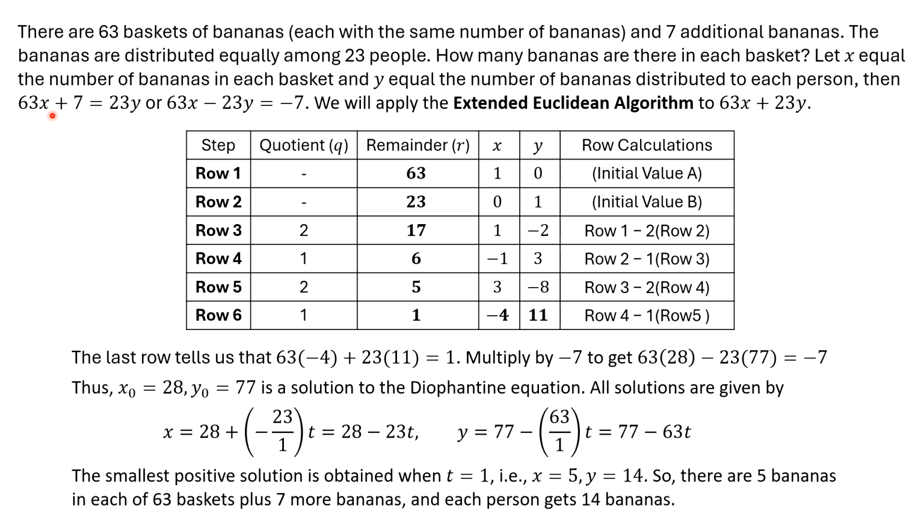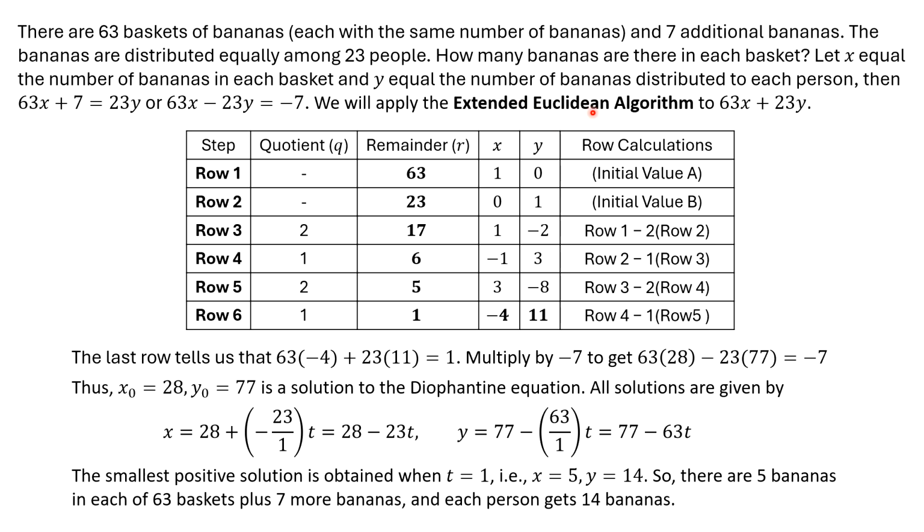Let x equal the number of bananas in each basket and y equal the number of bananas distributed to each person. So we have 63 baskets, each with x bananas and 7 left over. And then that needs to equal 23 times y, the number of people, times the number of bananas given to each person. I'm going to rewrite this, taking the 23y to the left and the 7 to the right.